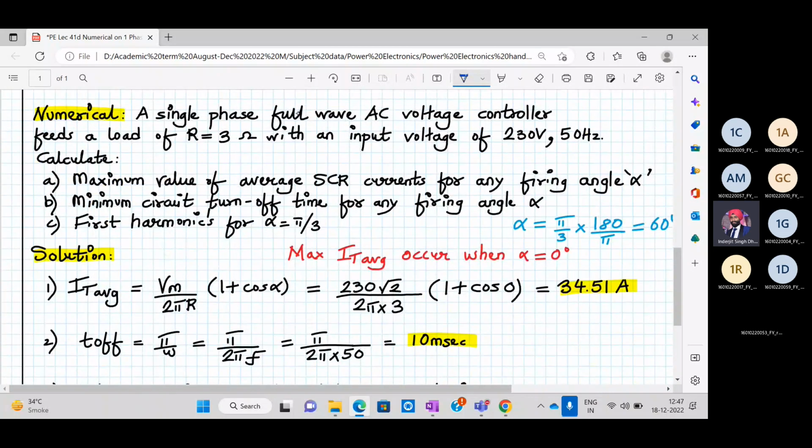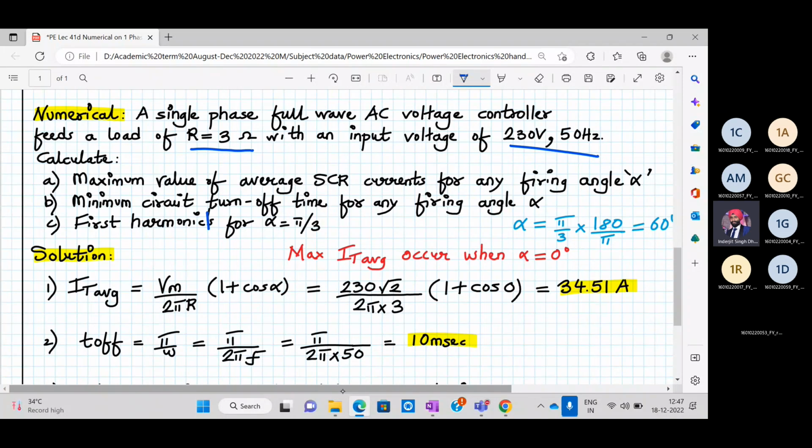The single phase. Again, we have single phase AC voltage controller with a R load, and the supply voltage is same. So this is V in RMS value. We have to calculate the maximum value of average SCR currents for any firing angle alpha, then minimum circuit turn-off time for any firing angle alpha, and the first harmonic for alpha equal to pi by 3.